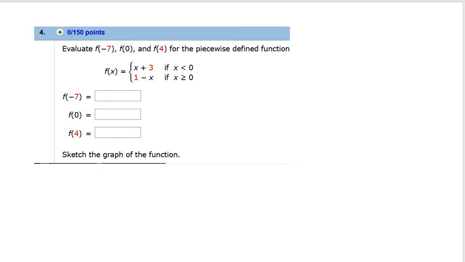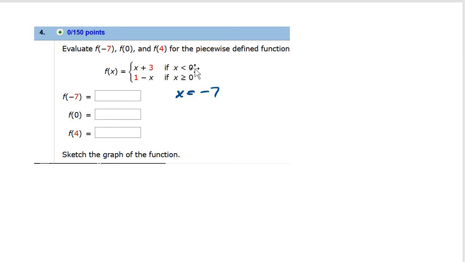Here we have something called piecewise defined functions. They're like if-then statements if you did any programming, and they can be a little confusing, but it's pretty easy when you think about it in this way. I first take f at -7. In this case, x is -7. These are two branches, and I have to decide which branch my x belongs to.